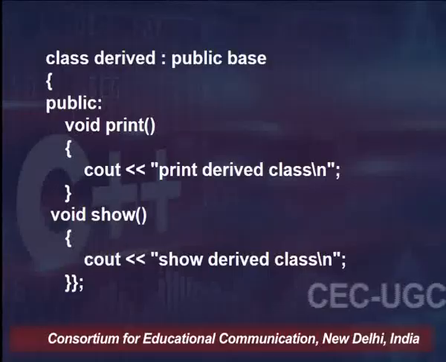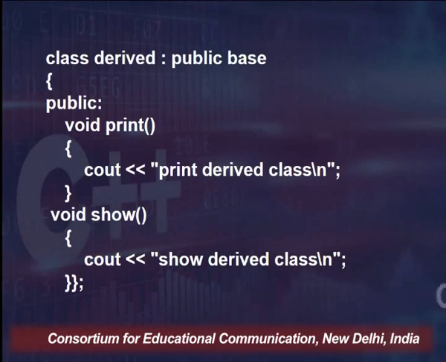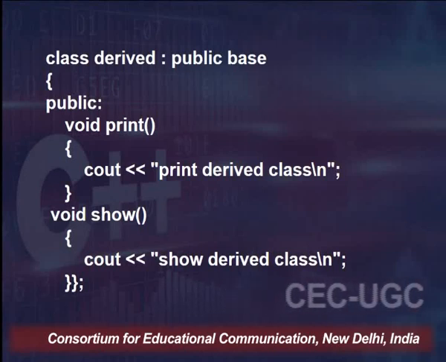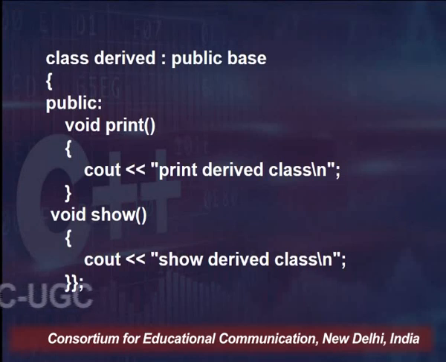Apart from the base we have one derived class which inherits the base class in public mode, and within the public section of the derived class we have those two functions with the same names. One is void print, displaying "print derived class", and one is void show, displaying "show derived class".